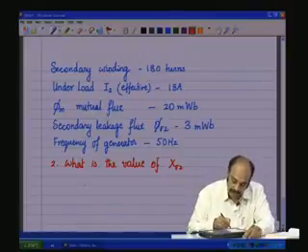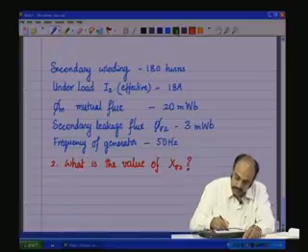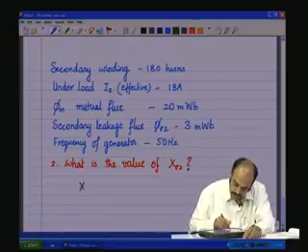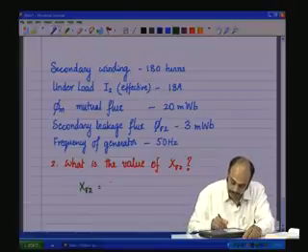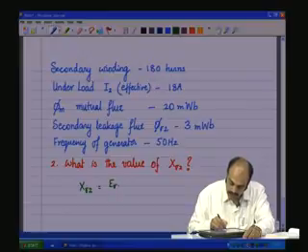So, the secondary leakage reactance is given by the voltage induced due to the secondary leakage divided by I2.